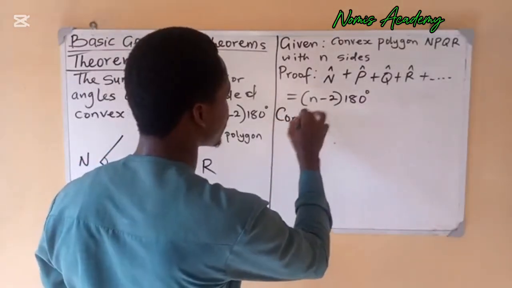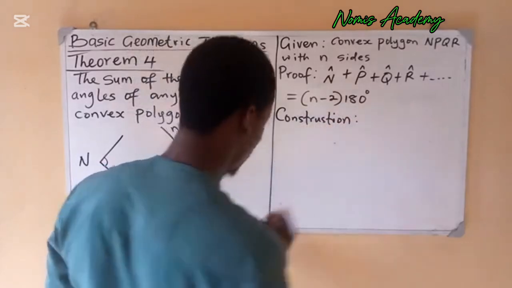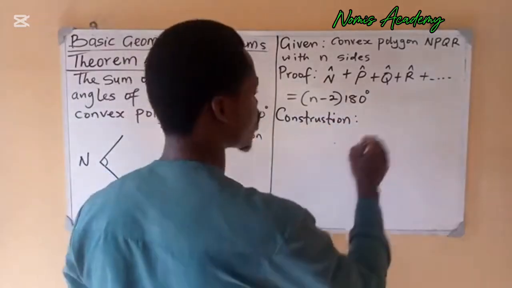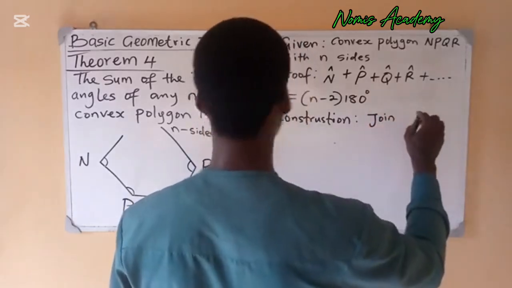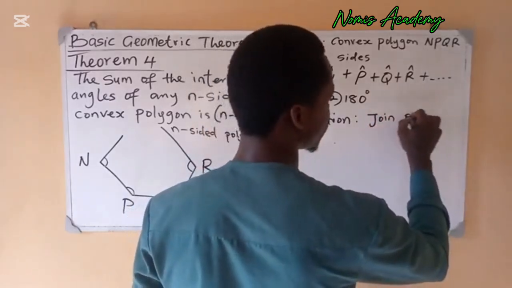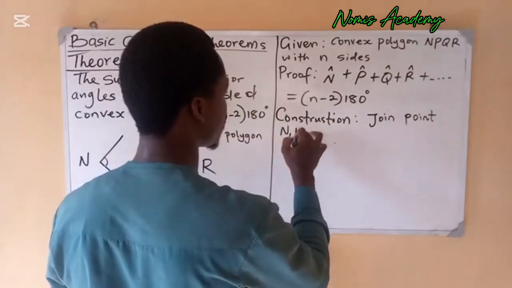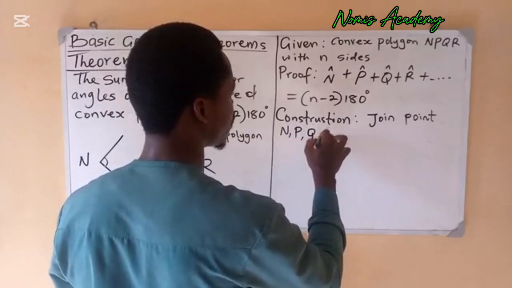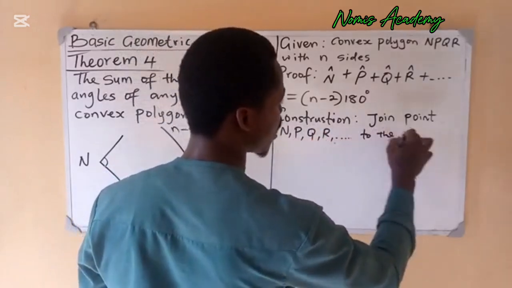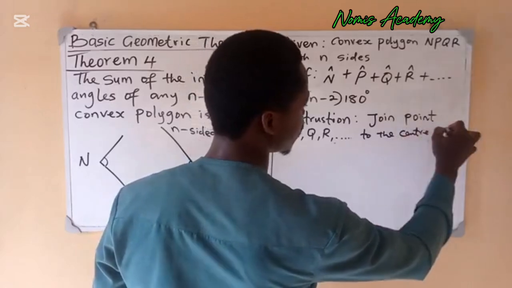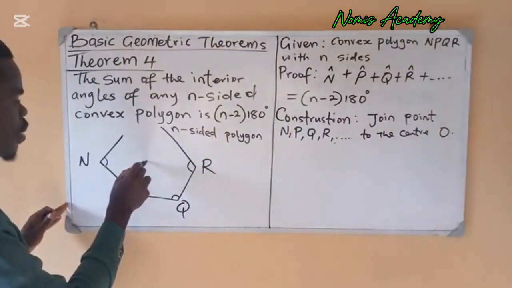Construction. We are going to join points N, P, Q, R, and so on to the center O. So let's call this the center.